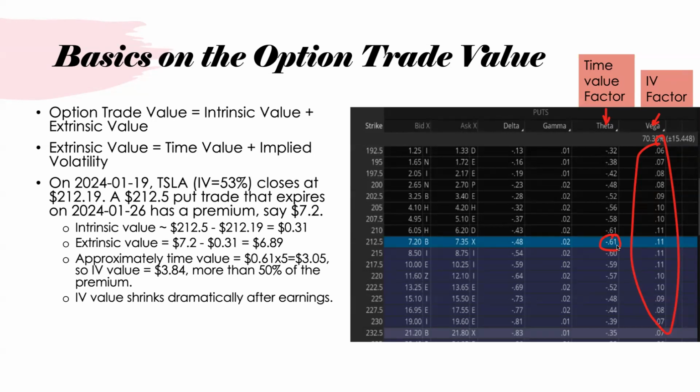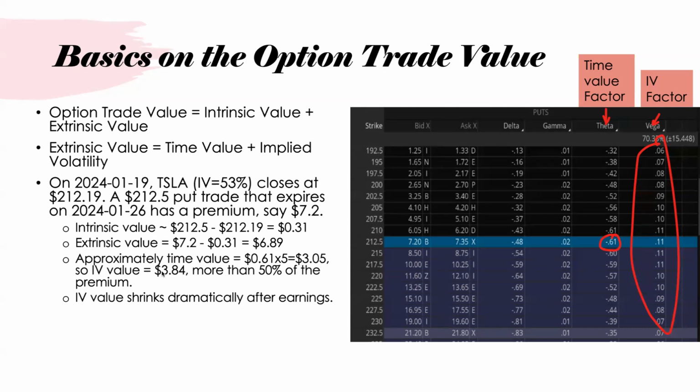And there are still 5 days left in the next week. And actually, usually the time value factor increases as the time becomes closer to the expiration date. So we can say that the time value is at least $3.05.